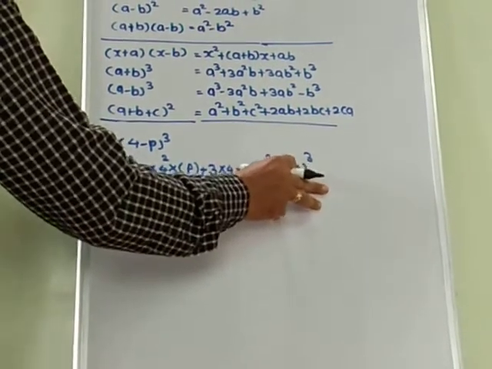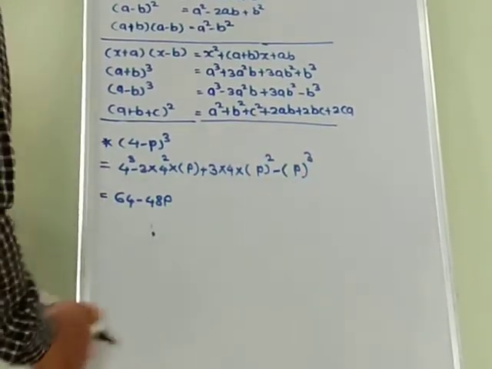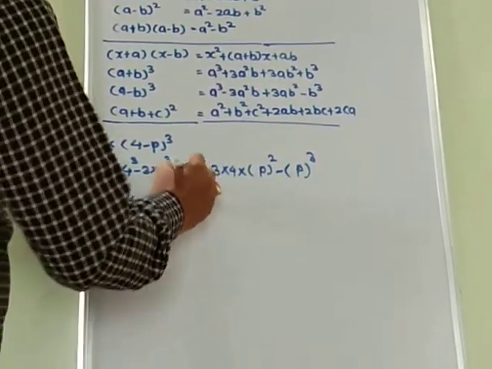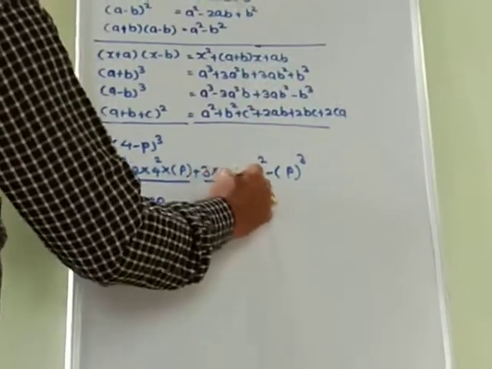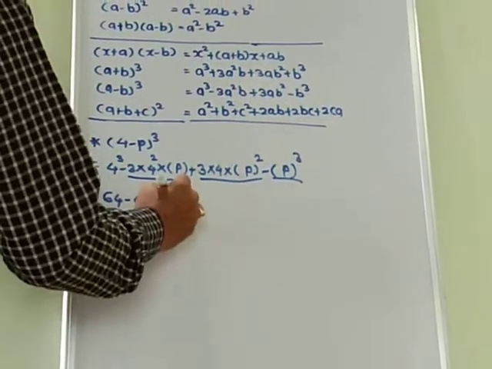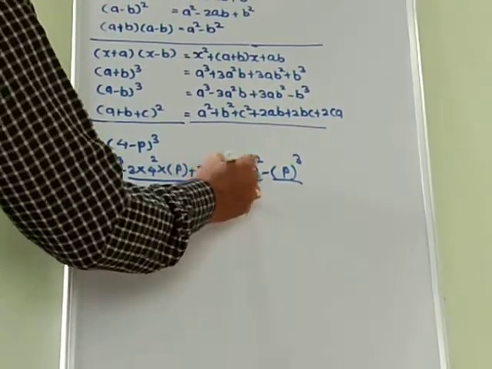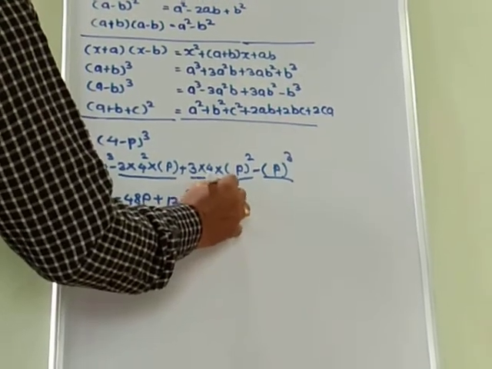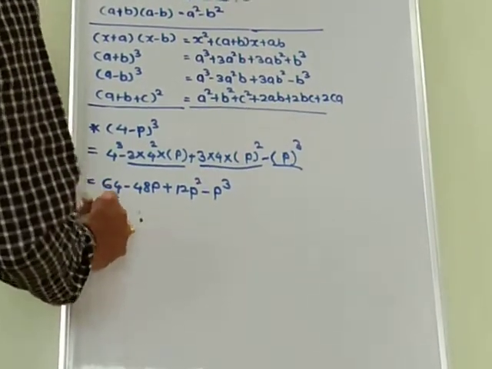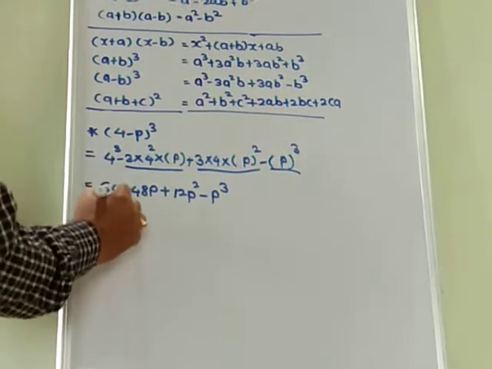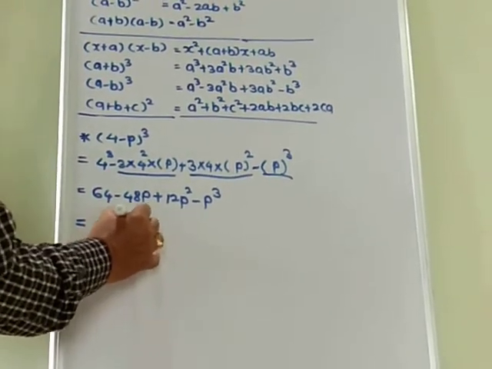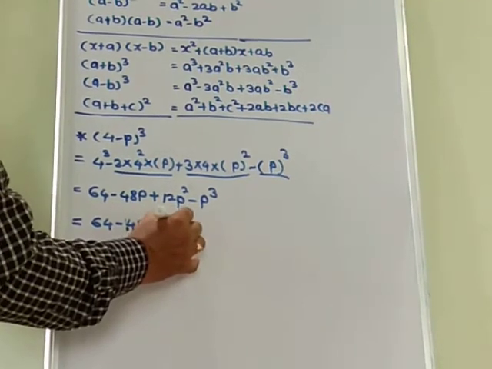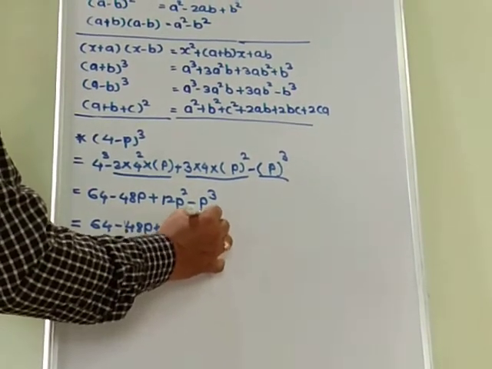Sorry, this is a mistake done by me. This term is complete, this term and this term, plus 4 threes are 12, 12p square minus p cube. Then the answer is 64 minus 48p plus 12p square minus p cube.